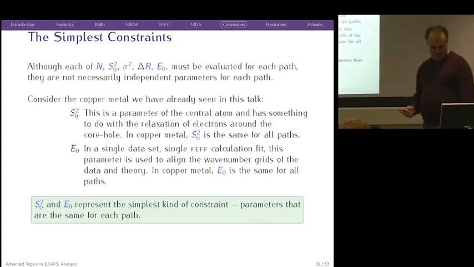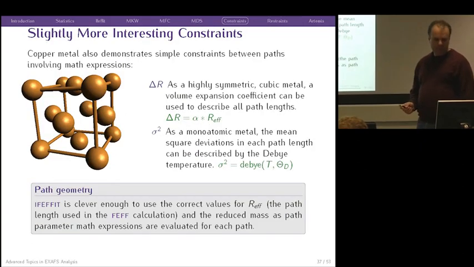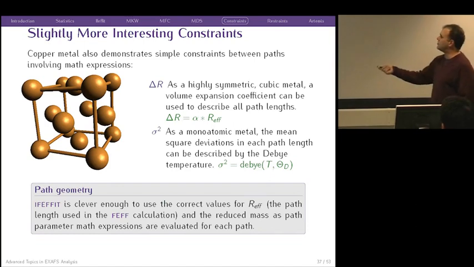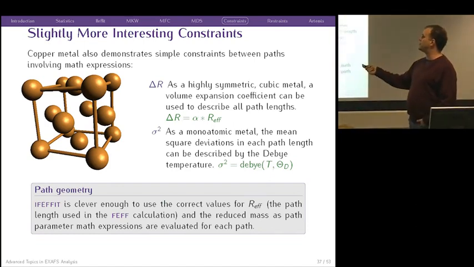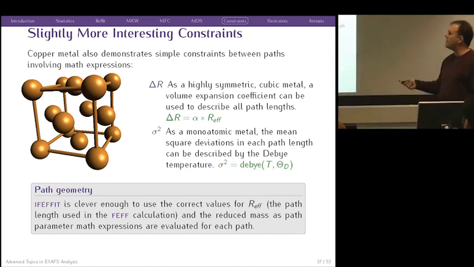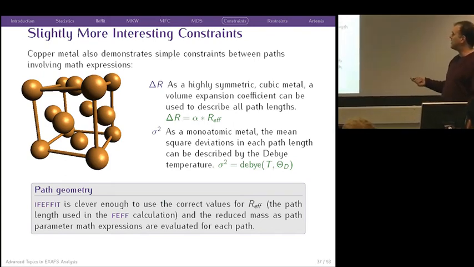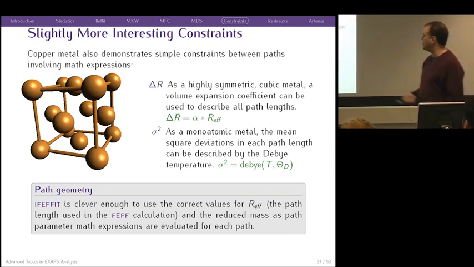In the case of the copper, we got to do the alpha times ref trick to constrain all the delta R's together because copper is a cubic metal. And in the case of copper, we can use the correlated Debye model to relate the sigma squareds to the Debye temperature of copper.